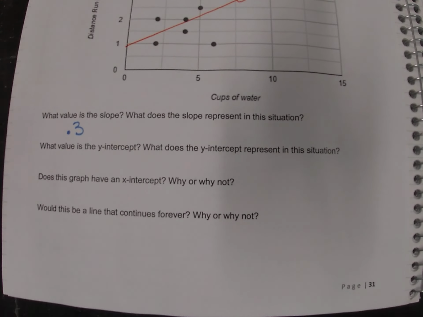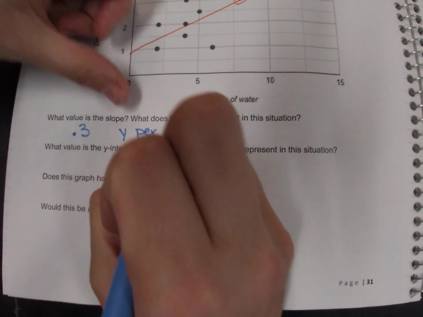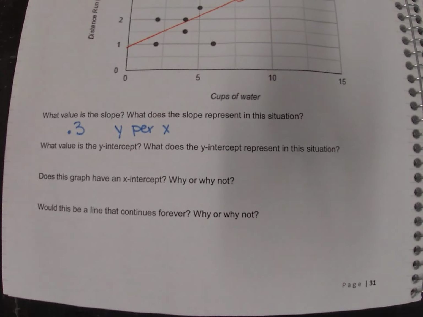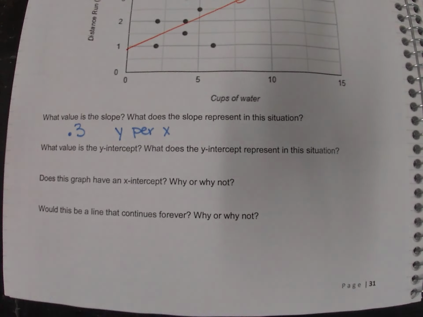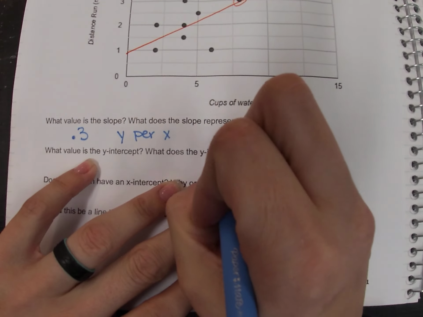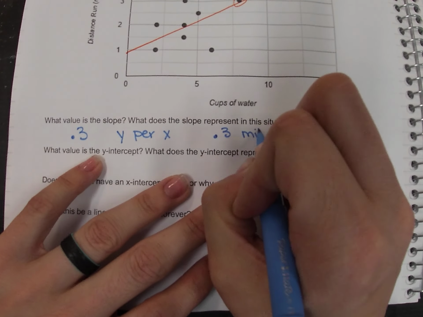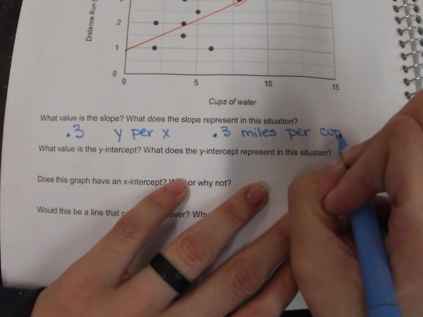We know that slope is always a y per an x. So we know our y label is the distance that they run per cups of water. So we know that for every cup of water, 0.3 miles.